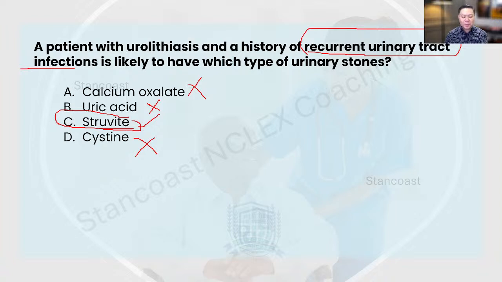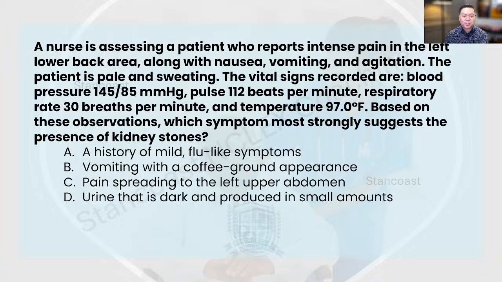So hopefully you will be getting a correct answer. Now, another is the elimination of the distractors. You're going to have to eliminate those items that are obviously wrong to narrow down your choices, and you need to focus on the most relevant clinical clues in the situation. All right, so I hope that you were able to get that correctly. Let's proceed with the next one.